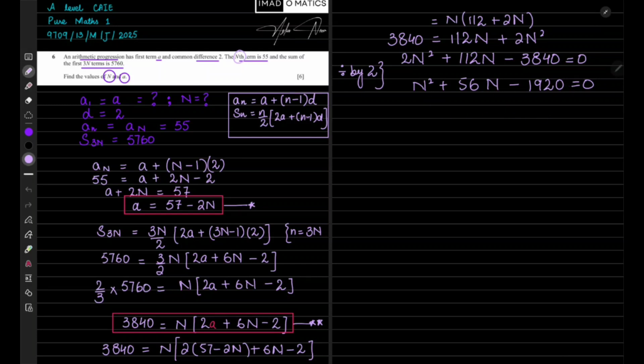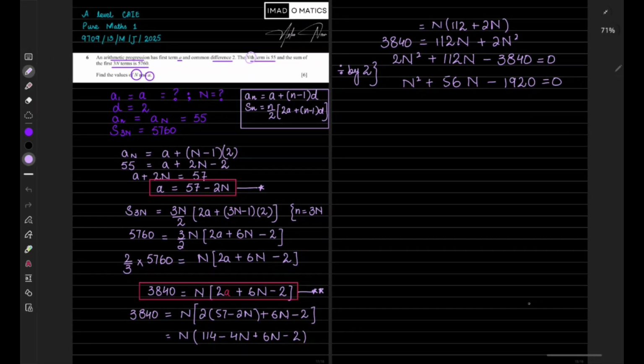Now we have to solve this quadratic equation. So upon multiplication, we must be getting 1920, and adding or subtracting two numbers should give you 56. So the two numbers must be 80 and 24: 80 times 24 will give you 1920, and the difference is 56.